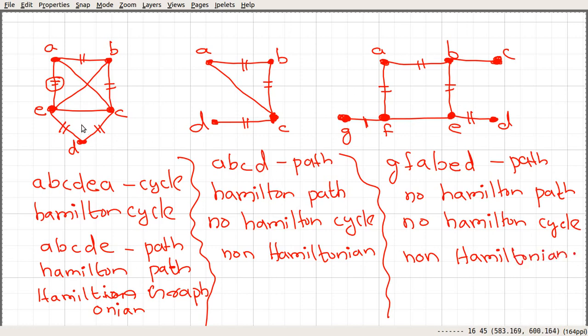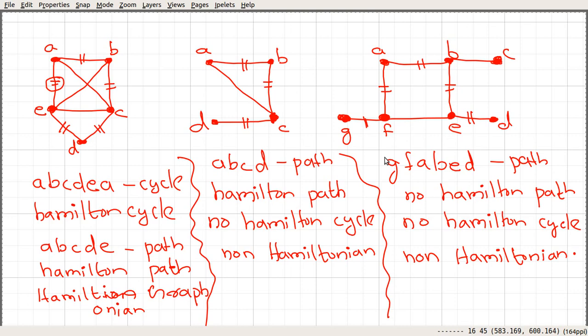So if you look into these three graphs here, we can see that this is a Hamiltonian graph. This one is not Hamiltonian, but it does have a Hamilton path. One such path is this path. Similarly, this graph doesn't have either a Hamilton path or a Hamilton cycle, and because of that reason, it is also a non-Hamiltonian graph.